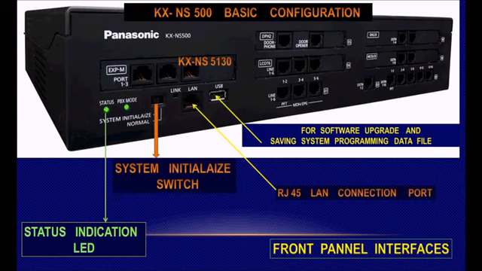From left to right, we'll find the status LED, which must be lit green for the system to be in proper working condition. The second LED is PBX mode, which will light red if the system detects any minor or major problems.